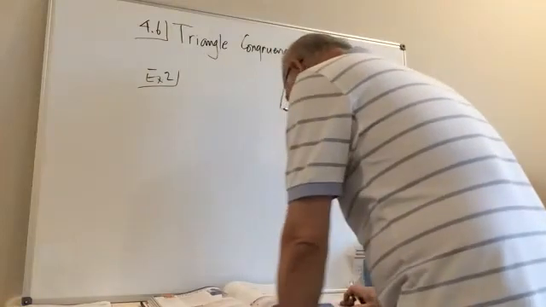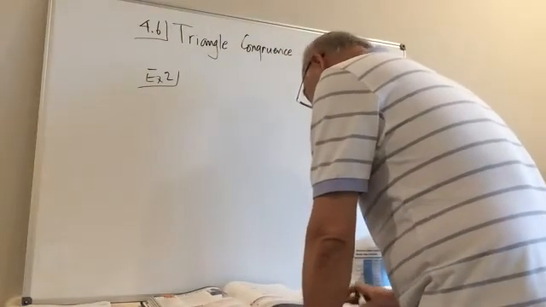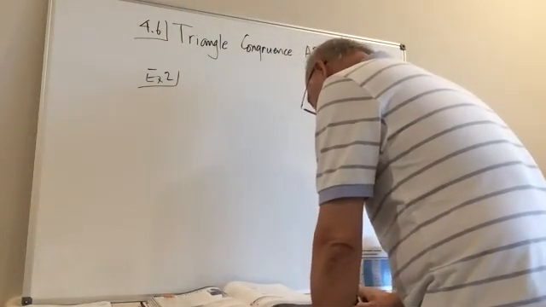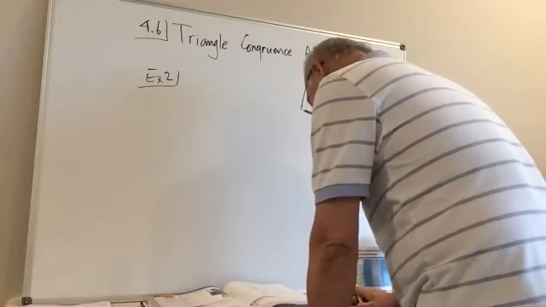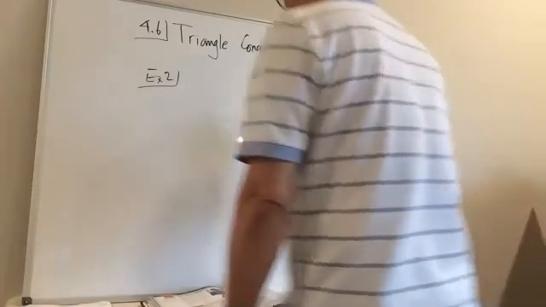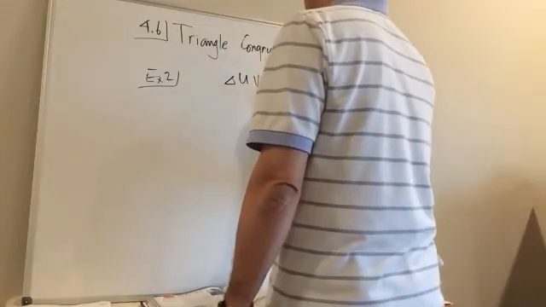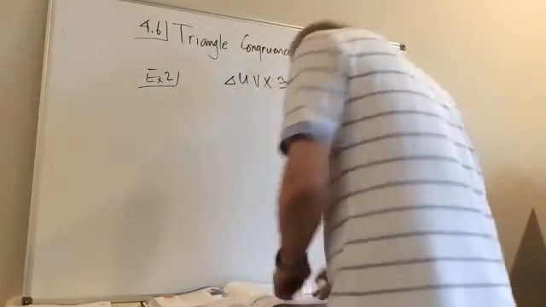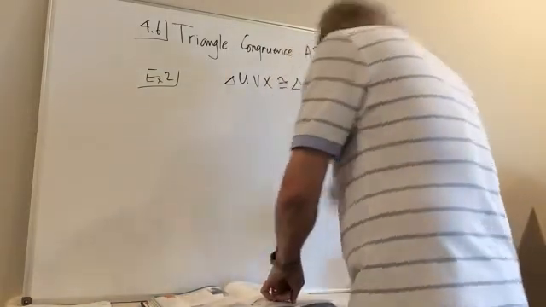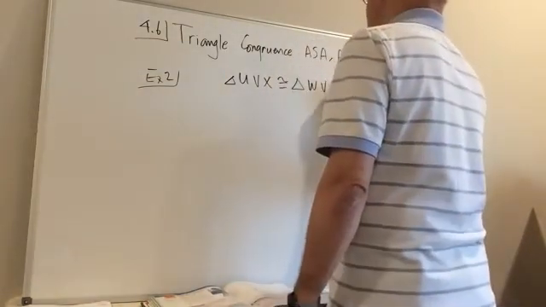Example number 2, applying ASA, or angle-side-angle congruence. Determine if you can use ASA to prove that triangle UVX is congruent to triangle WVX.